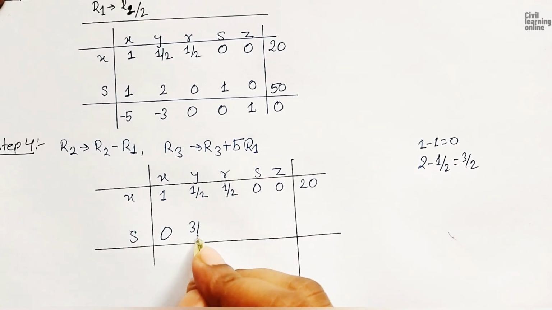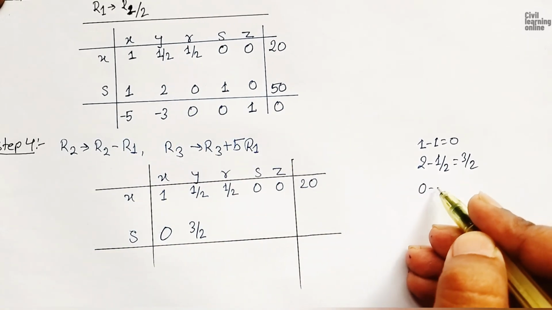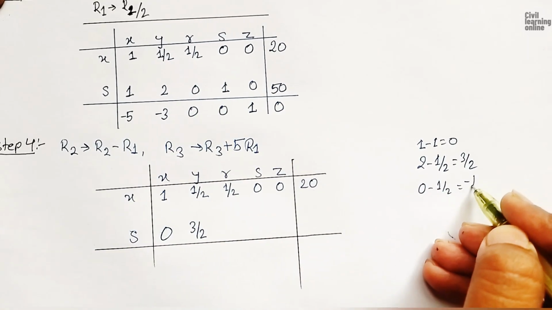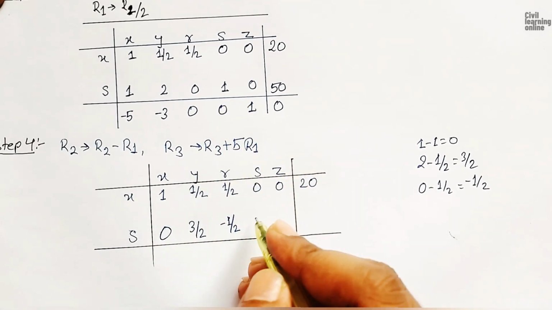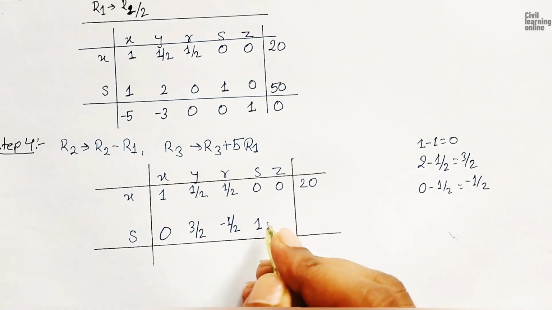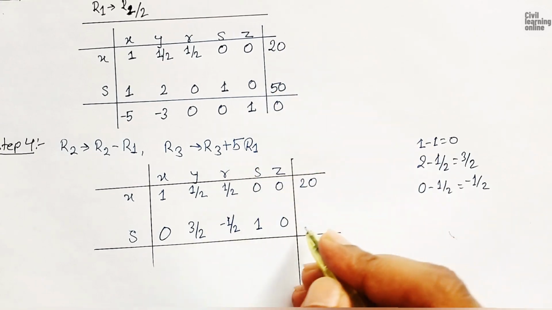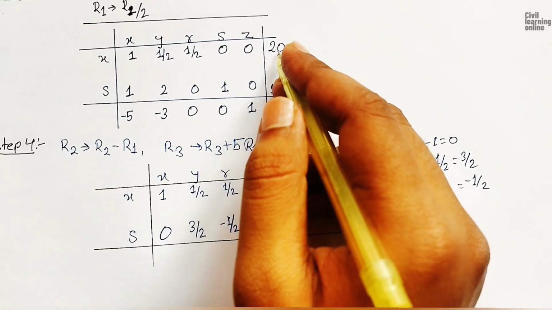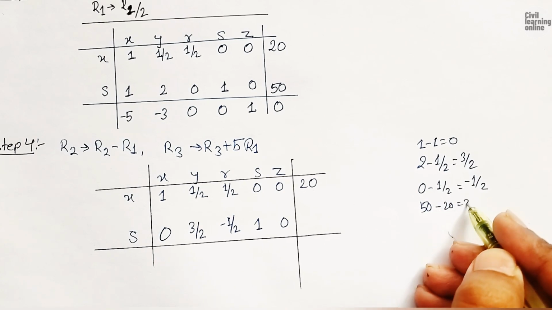So we will have 3 by 2 here. Again for R2, 0 minus 1 by 2 gives minus 1 by 2. Similarly 1 minus 0 is again 1, 0 minus 0 is 0, and here we have 50 minus 20, that is R2 minus R1, 50 minus 20 is 30.